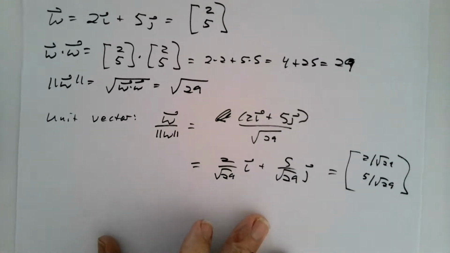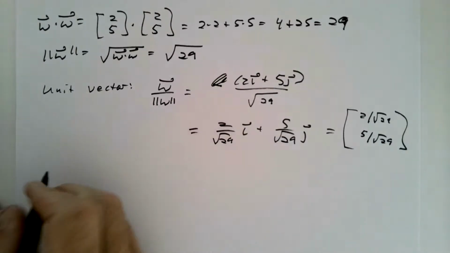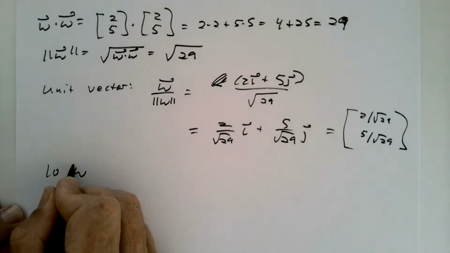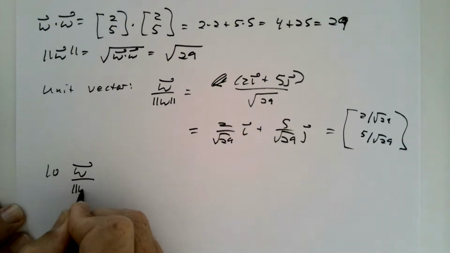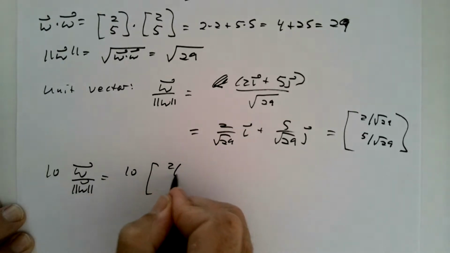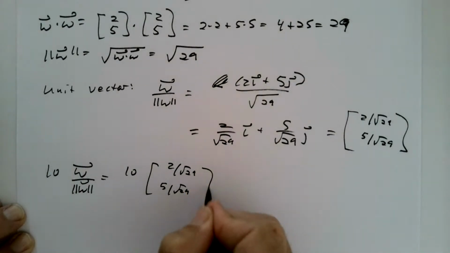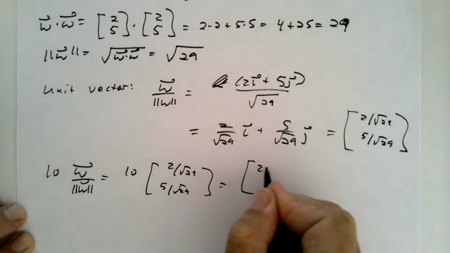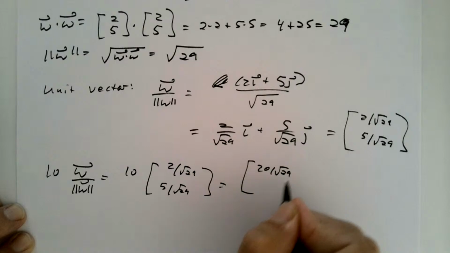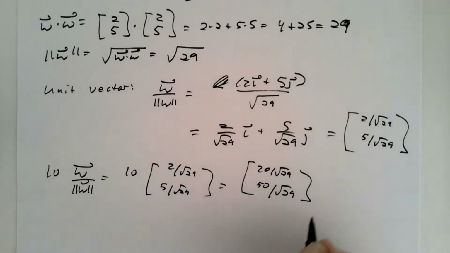If I want one that's length 10 in the same direction, just multiply 10 times the unit vector. So the second part of that question, 10 times W divided by its length is 10 times <2 over root 29, 5 over root 29>, which gives me 20 over root 29 and 50 over root 29. That is a vector of length 10 in the same direction as W.